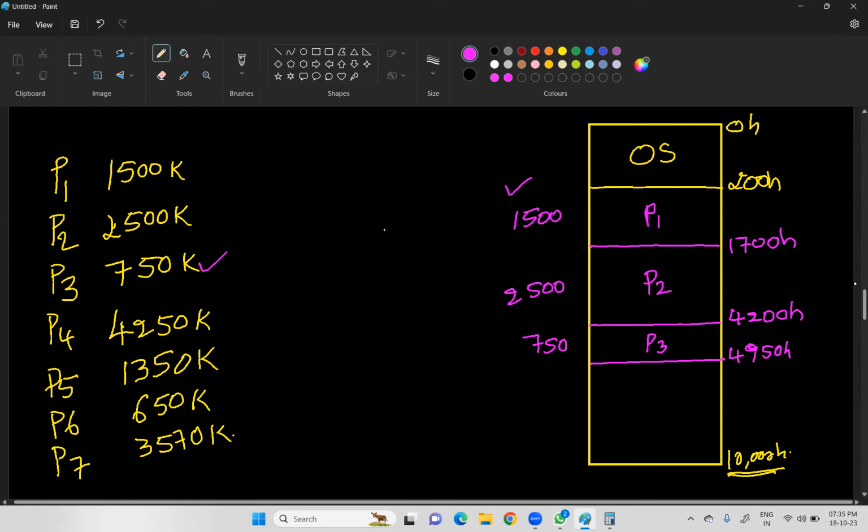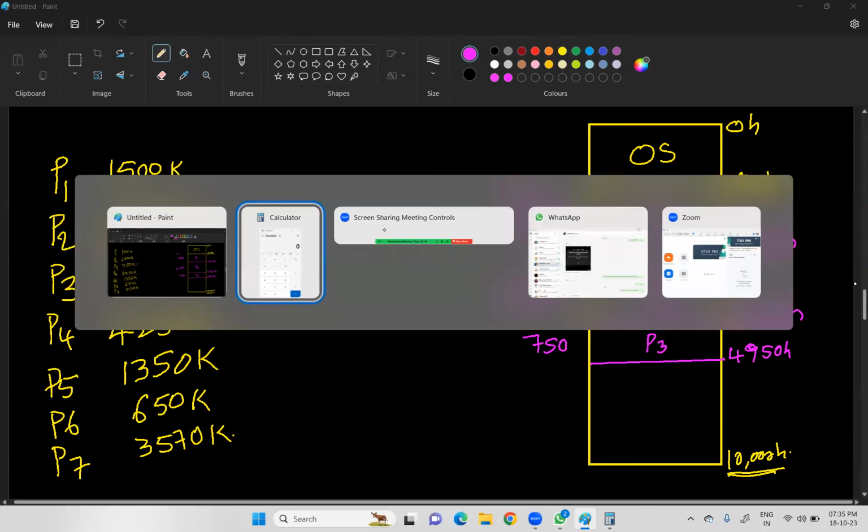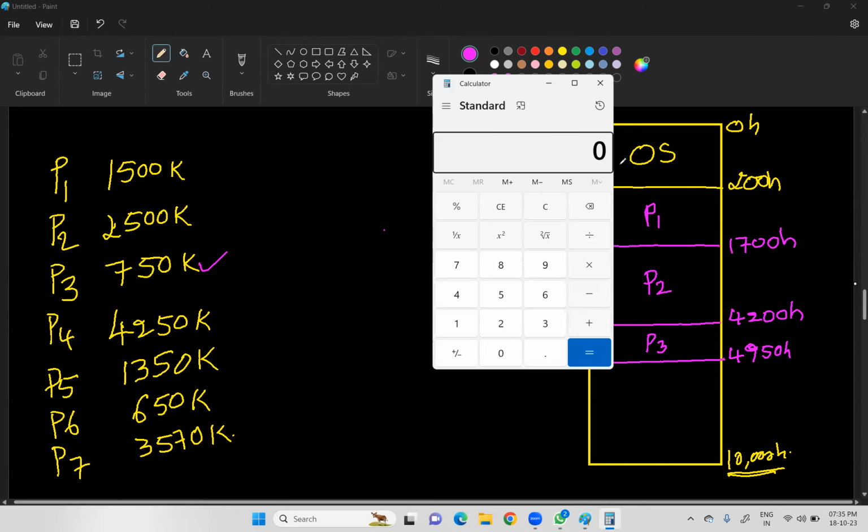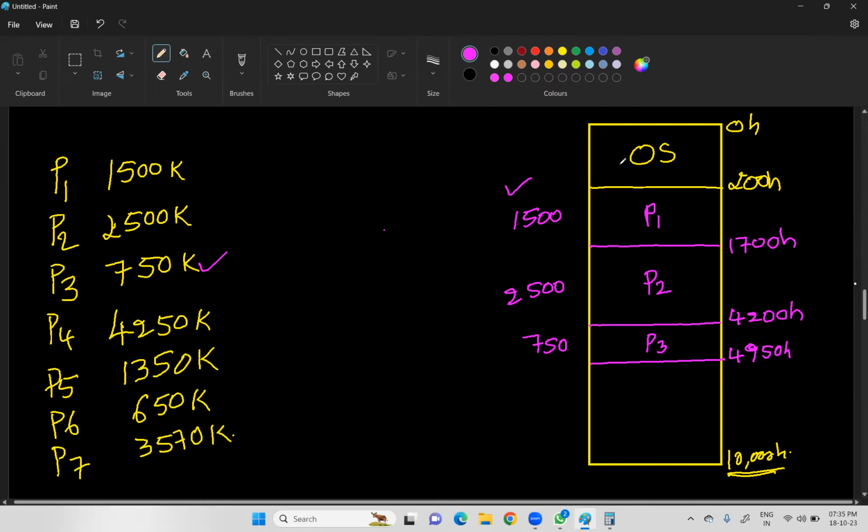I'll give you some time for drawing this same thing. Now 4250: what is the final address? 4950 plus 4250 will be 9200. Look at this, this is 9200.